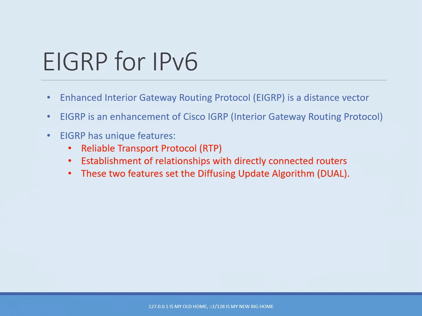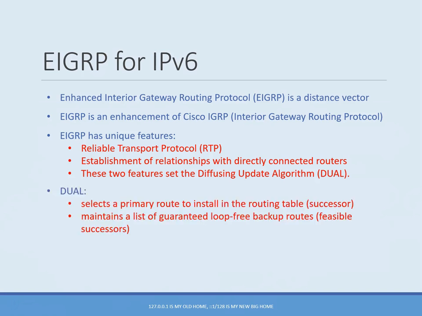RTP and the tracking of neighbor adjacencies set the stage for the Diffusing Update Algorithm, DUAL for short, and this algorithm is unique to EIGRP. It resides at the center of the routing protocol, and it guarantees loop-free paths and backup paths throughout the routing domain.